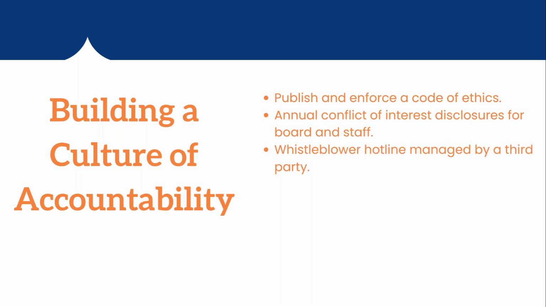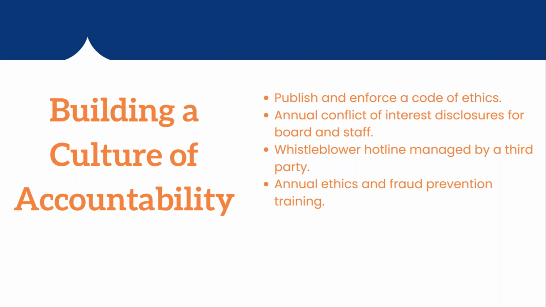Put in place whistleblower hotlines managed by a third party. Do annual ethics and fraud prevention training. We discussed that in our last webinar: don't take for granted what you taught Jane on day one of onboarding. She's going to remember the following year. So it's very important to do this annual training.